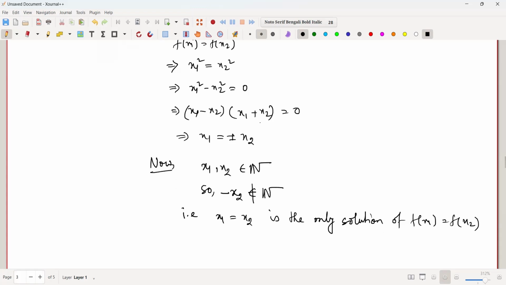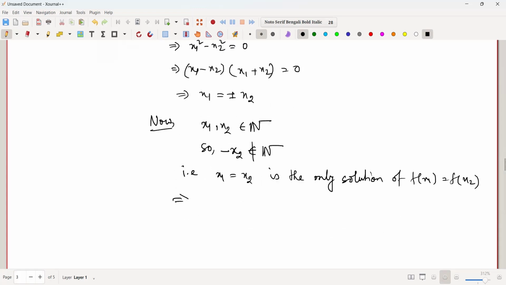So that implies f(x1) equals f(x2). Here you write therefore, implies x1 equals x2.